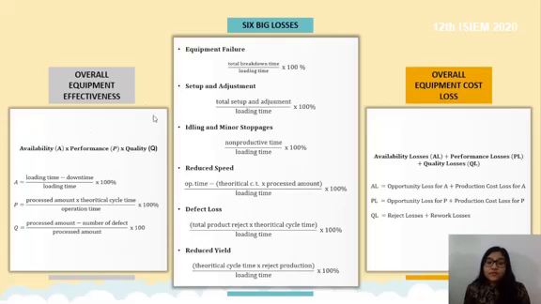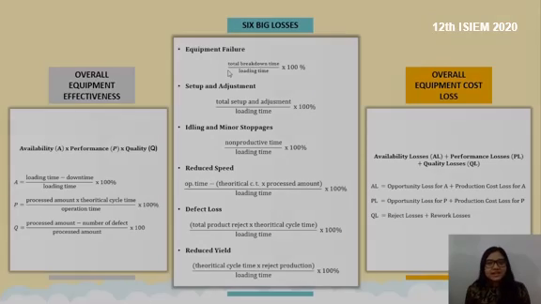After measuring the effectiveness of the machine, we will continue with calculating the 6 big losses. The 6 big losses are the 6 biggest losses which influence the machine or equipment. From the 6 big loss factors, the highest loss factor will be analyzed with the cause-effect diagram.